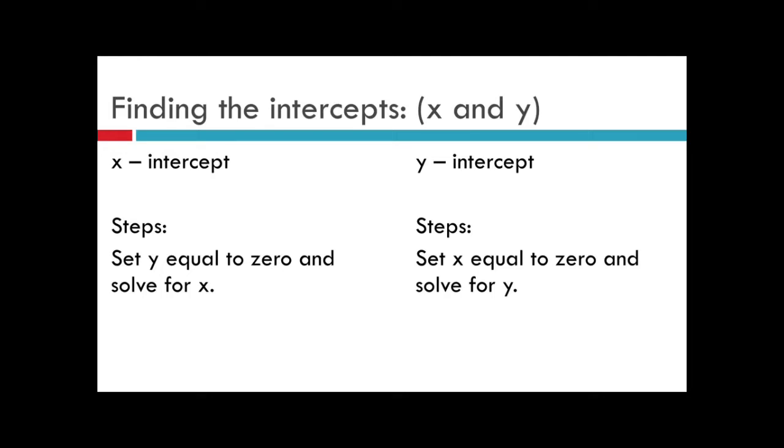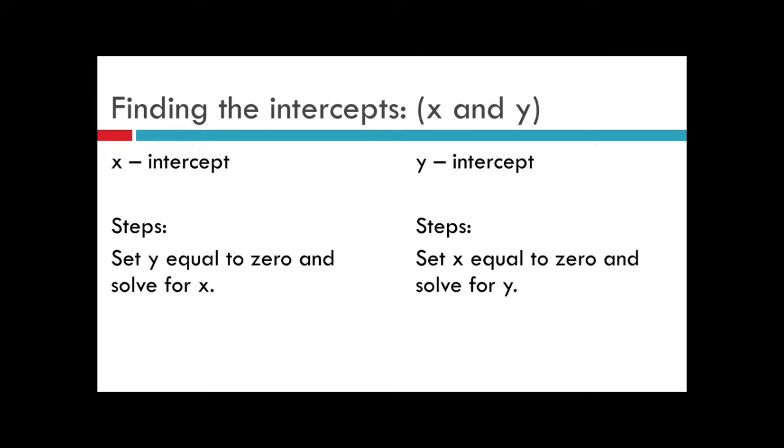Like any other functions that we talked about in the past, today we're going to solve for the x and y intercept, and these are the points where the graph touches the x and the y axis. For the x-intercept, we set y equal to 0 and solve for the value of x. Once we find the value of x, we set up the coordinate of the exact location where the graph touches the x-axis.